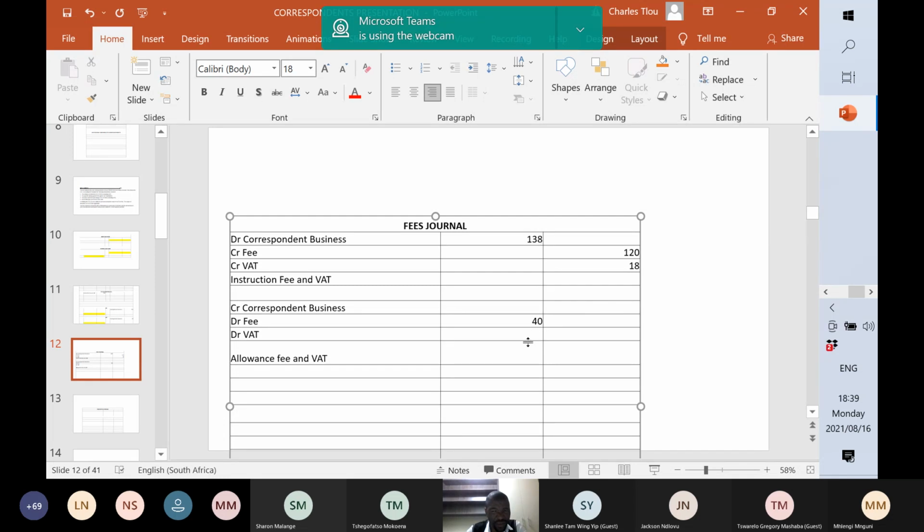It will give you the same amount. How much is it? I think it's 6. 15 percent of 40 rand, it's 6 rand. 6 rand, correct. The correct value there will be 6 rand.